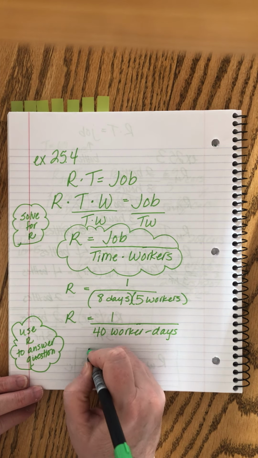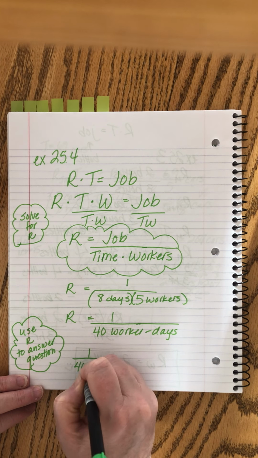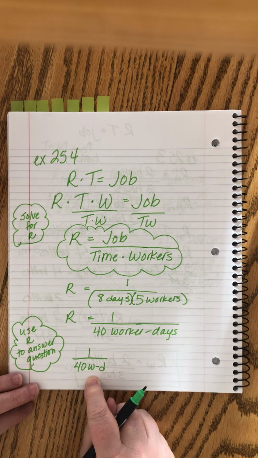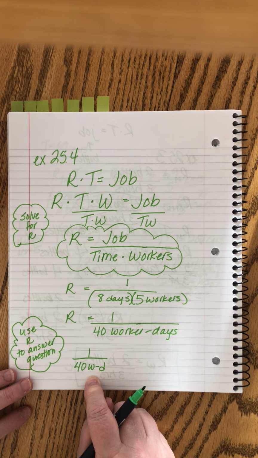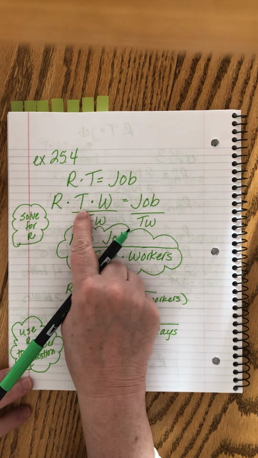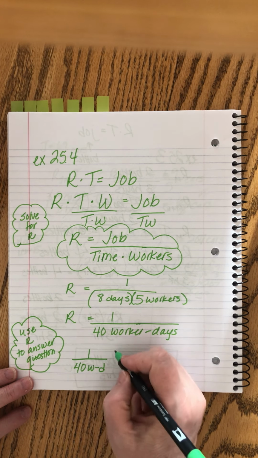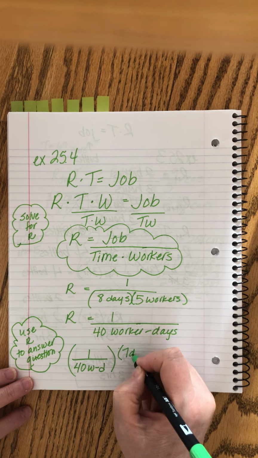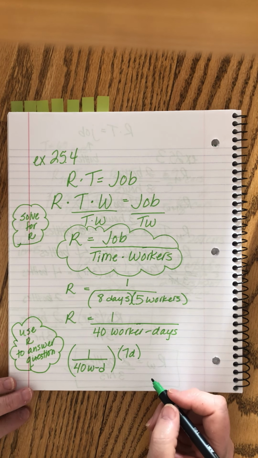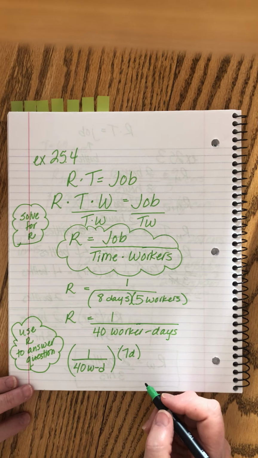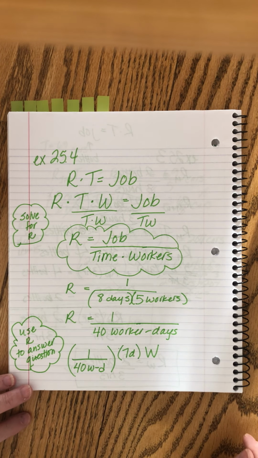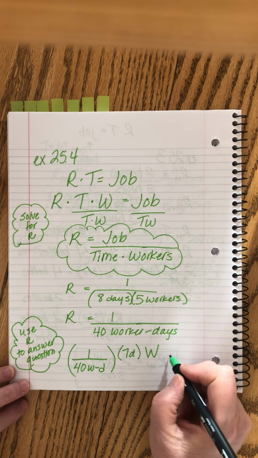So our rate is 1 over 40, worker days, times the time, which he's giving us, 7 days. I'm gonna put everything in parentheses, times 7 days, times the number of workers we don't know. So that's my variable. And it's 3 jobs.